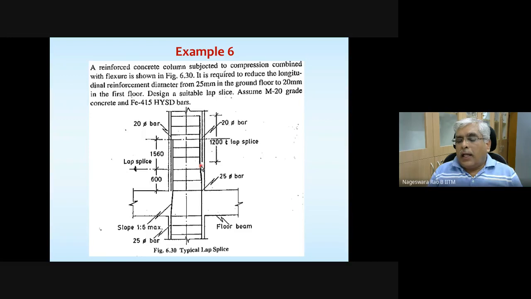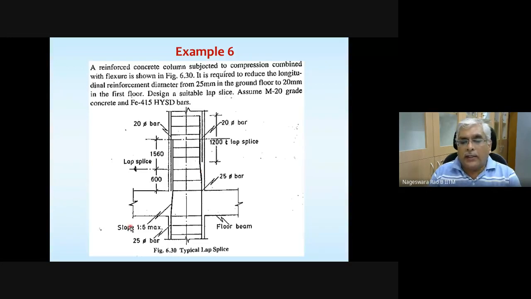Okay, and please note how to do this lapping. You cannot have one bar in line with the other bar. You need to have a small bend, like you can see here. And what should be the slope of this? All these are given in the specifications for detailing of reinforcement.